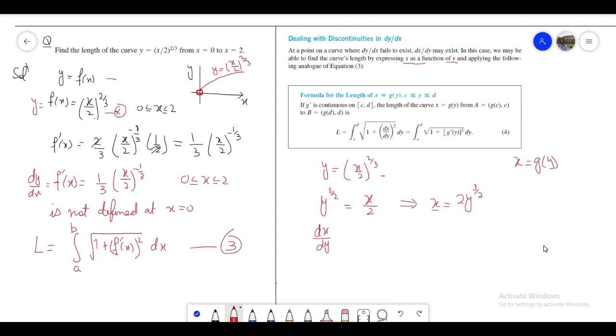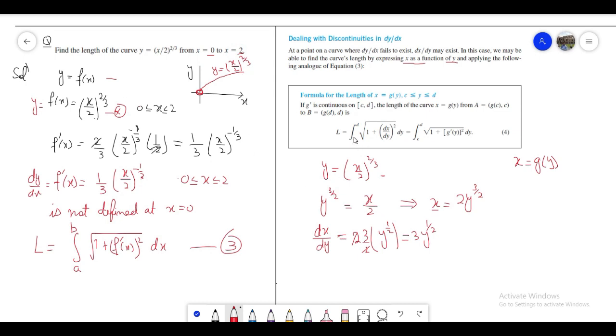The first derivative of x = 2y^(3/2) is 2 times y to the power 3/2 minus 1, which is 1/2, and this 3/2 is here, and all together this has become 3 y^(1/2). Now the limits of integration, we have 0 and 2.